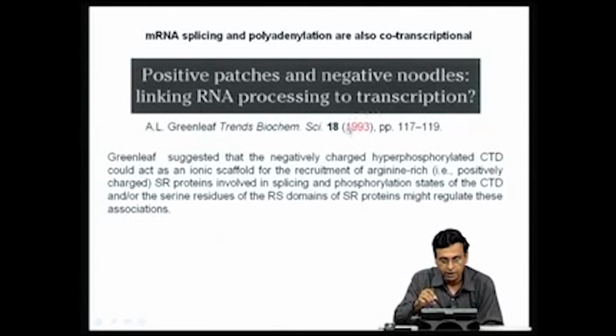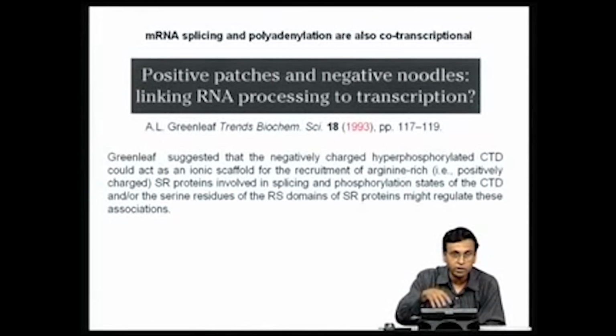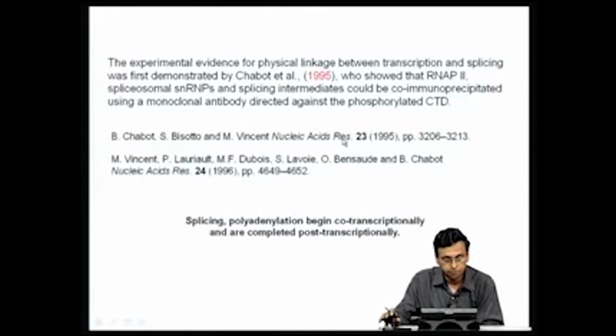So, this review in Tips talks about how RNA polymerase II can play a very important role in splicing, and depending on the phosphorylation status of the RNA polymerase CTD as well as the phosphorylation status of the serine-rich proteins or SR proteins involved in splicing, splicing may actually be regulated by RNA polymerase II.